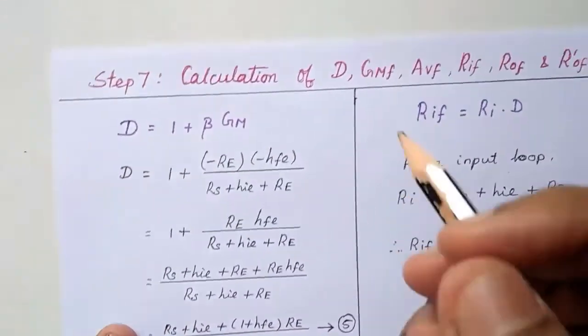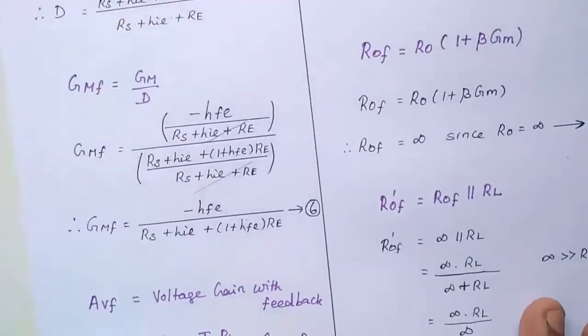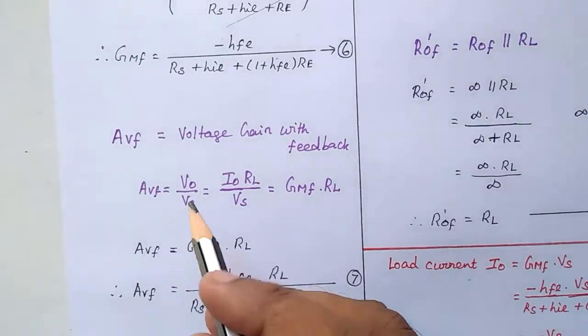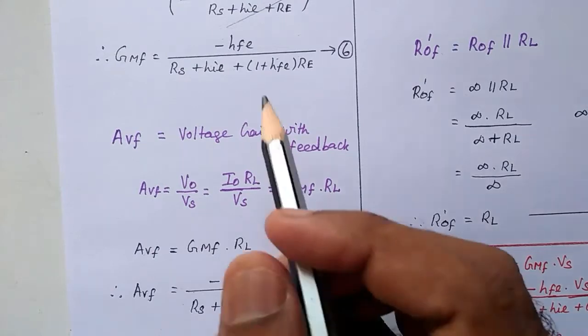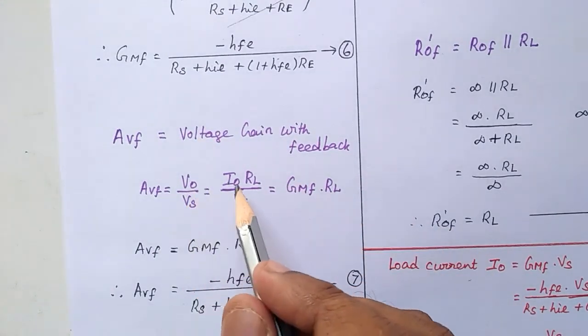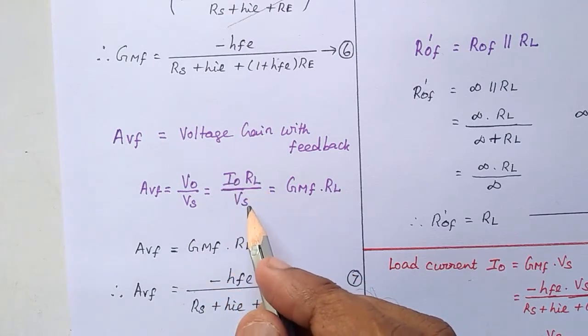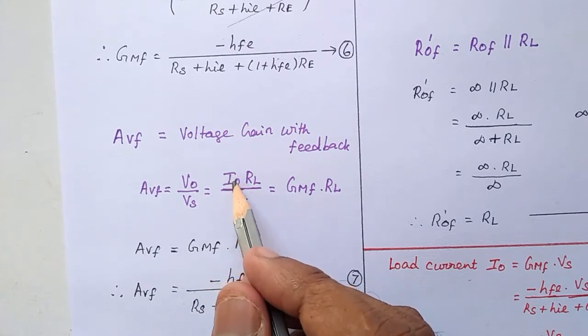Okay, till now what we have found? D we have found, GMF we have found. Next we have to find AVF. So the relationship is AVF is equal to V0 by Vs, output voltage by source voltage, right? So what is V0? V0 is nothing but product of output current into load resistance divided by Vs. So this is nothing but I0 by Vs we already found as GMF.